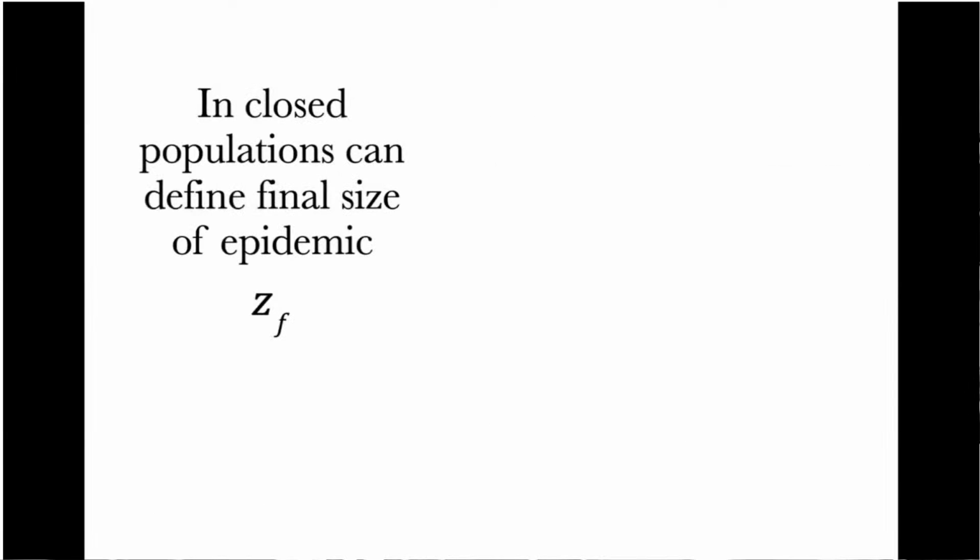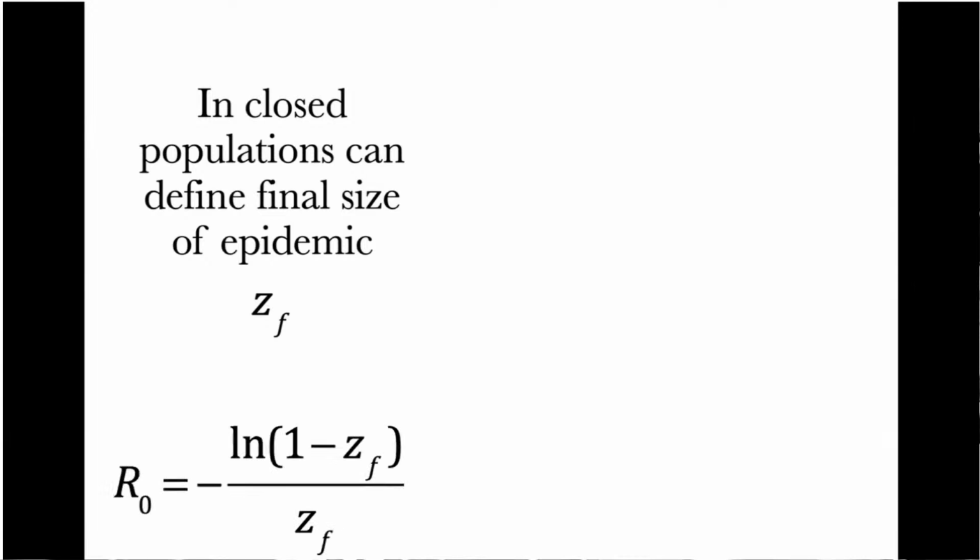One way, if you are in a closed population, to estimate R naught is to use its link to the final size of the epidemic. And this formula gives a quick way to estimate R naught in that particular case, where ZF is really the final proportion that gets infected in that particular epidemic.